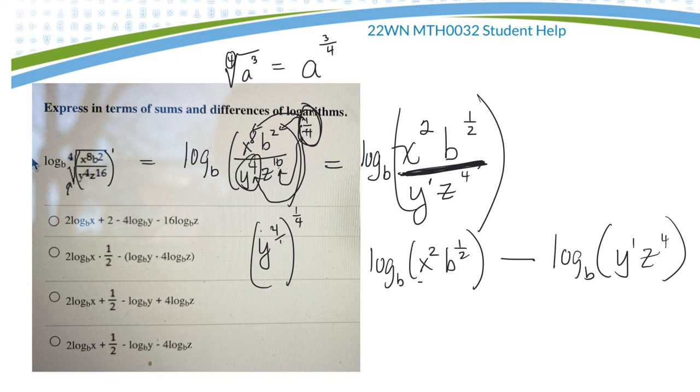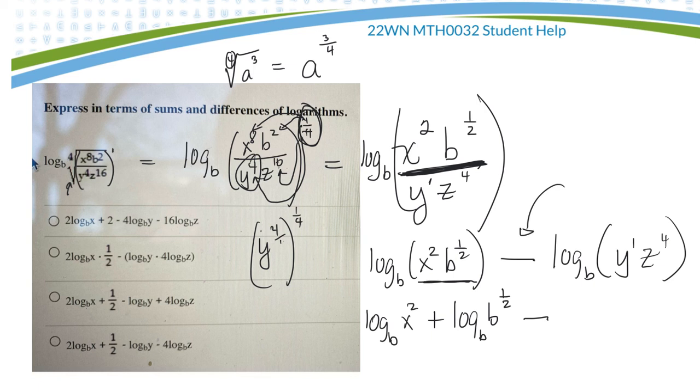Now this here would be the product law. So I could rewrite that as log base b of x squared plus log base b of b to the 1/2. Oh, there's a bb there, but we'll be able to do something with that. Okay, minus, and now since there's two things happening here, this is a dirty, rotten, filthy, stinking negative.